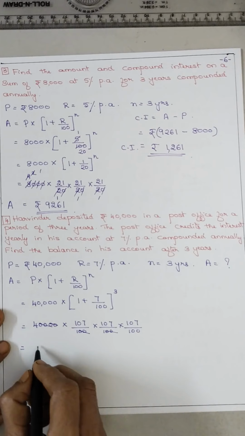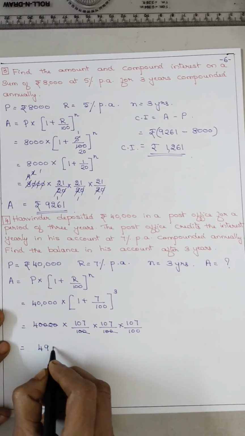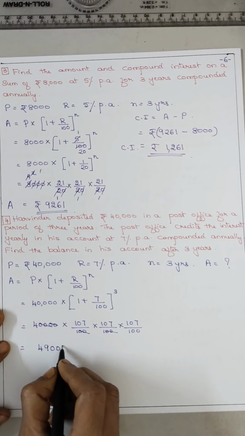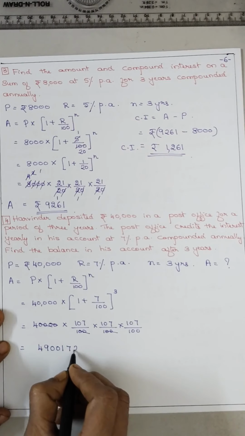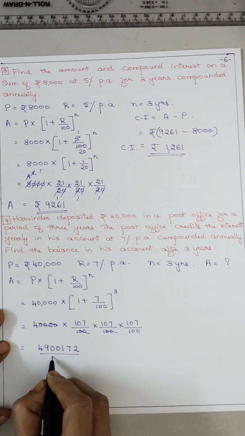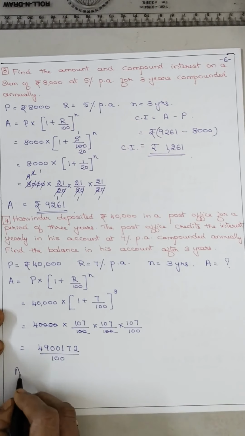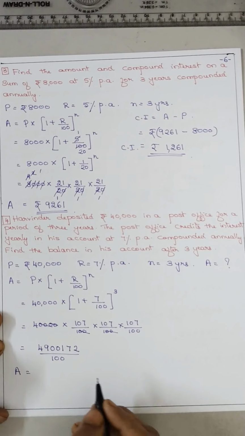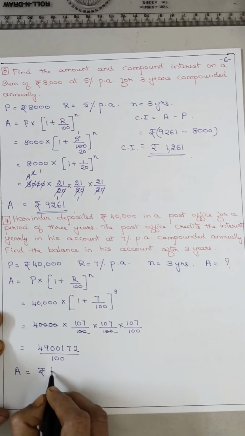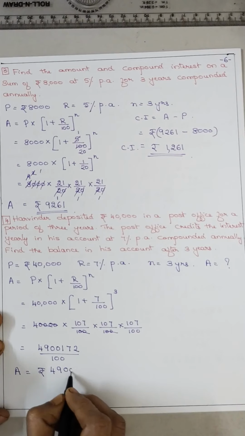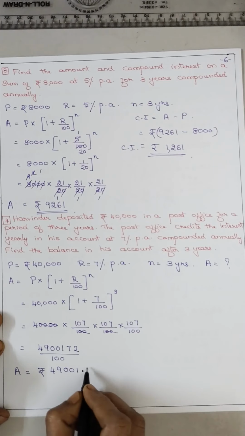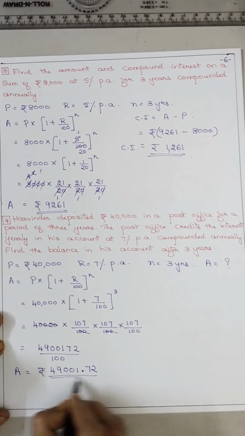It is 4900172 upon 100. So amount is equal to 2 decimals, 49001.72.